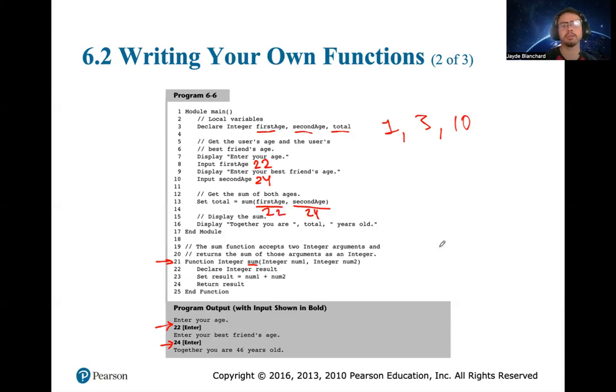Now, would you write first age where it has integer number 1 so it knows that's where it's getting the number from? Okay, so it doesn't matter, because the only thing that matters is that these are the same right here. See that these two match. You can use whatever you want.